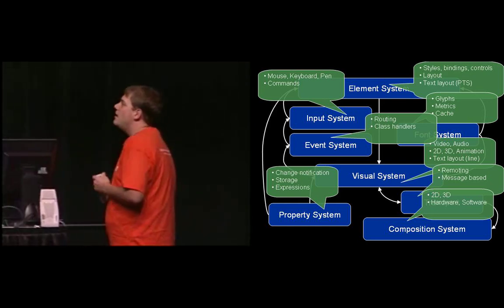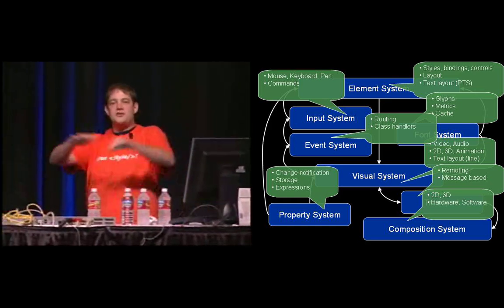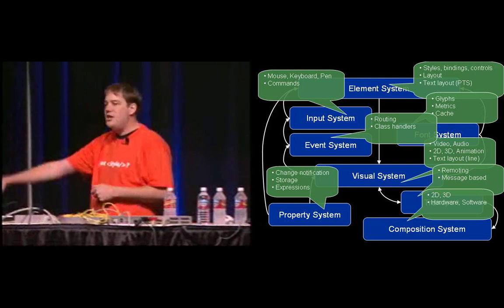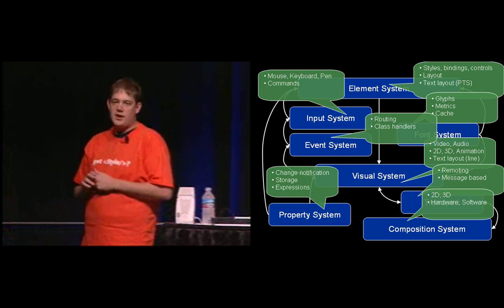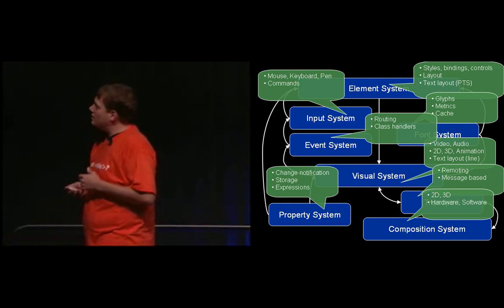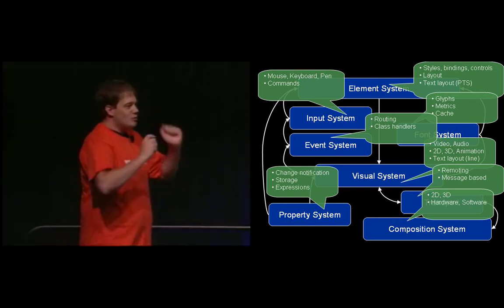Make sense? The visual system is also where we get the entire exposure of all the 2D and vector graphics and animation and video and all the cool stuff that gives us all the flying pixels on the screen. But the visual system doesn't really do much work, in fact.